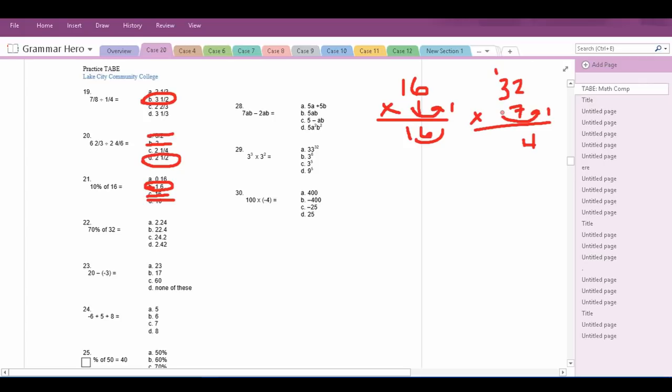Bring the 1. 7 times 3 is 21 plus 1. That gives us 22. Bring our 1 over. So 70% of 32 is 22.4. And again, you could have eliminated these right off the bat, and you would have had to choose between those two.